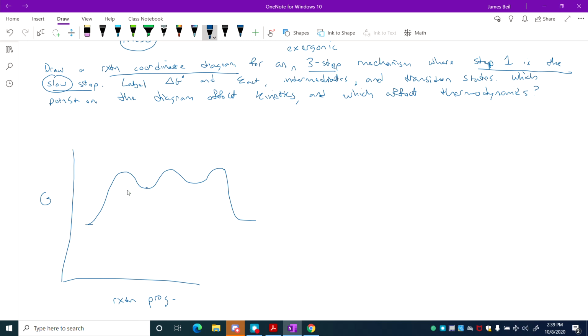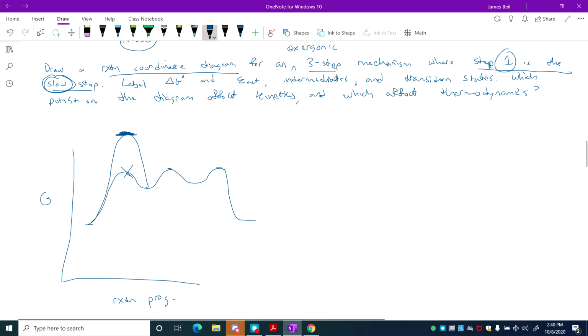So whatever step is the slowest actually needs to have a higher transition state peak than any of the subsequent steps. So I would adjust that and make sure that it's clear that whichever step is the slow step has a higher total energy it has to get to compared to the other steps.